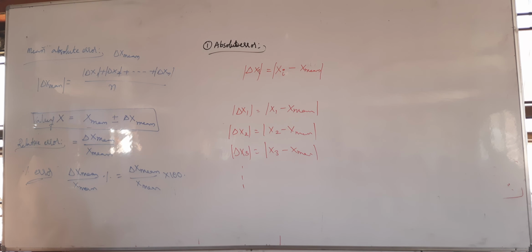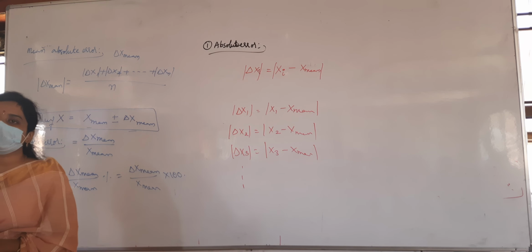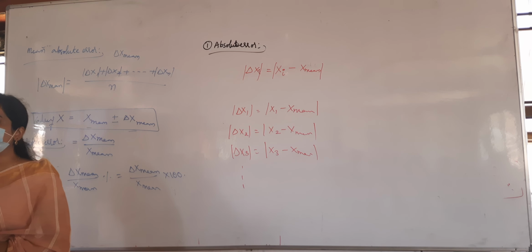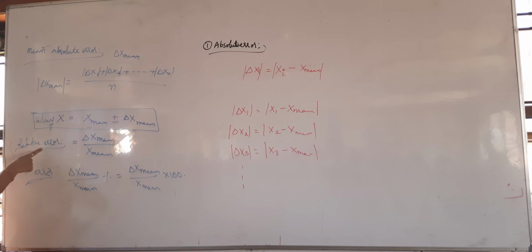That is the percentage error. These two are very, very important. Relative error is the ratio of mean absolute error to the mean value. For percentage error, you just multiply the relative error by 100.